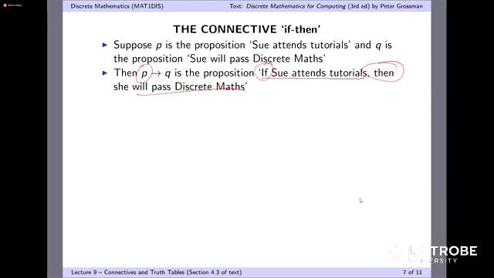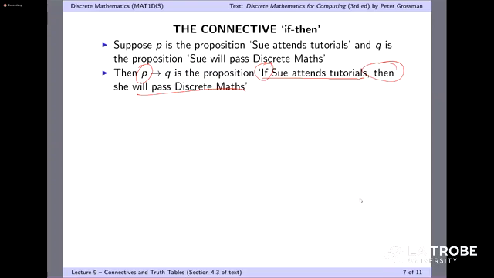My claim is, listen to my claim again. If you attend tutorial, you will pass. That's my claim. But it doesn't specify what happens if you don't attend tutorials. So that means my claim is still true. I did not make any wrong claim. Irrespective of what the outcome is, by saying F here, the claim stands.